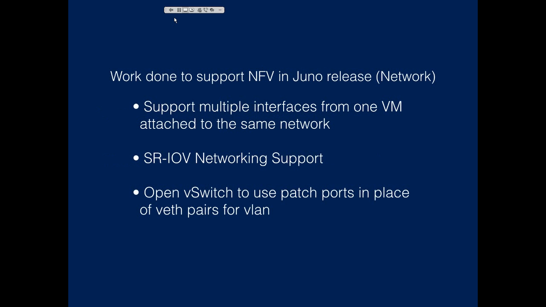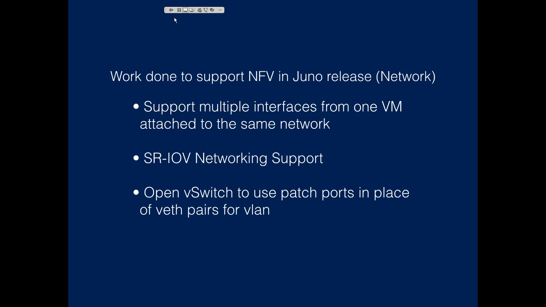There was some initial work done to realize this. In the Juno release, on the network side, we implemented 3 blueprints. The first one was supporting multiple interfaces from one VM attached to the same network. Sometimes you have these VNF functions running in a virtual machine which requires multiple VIFs.